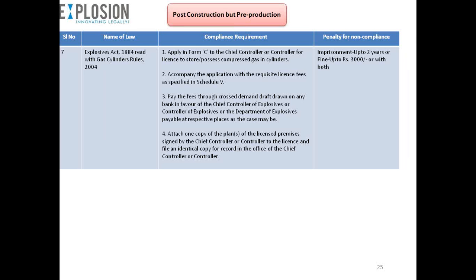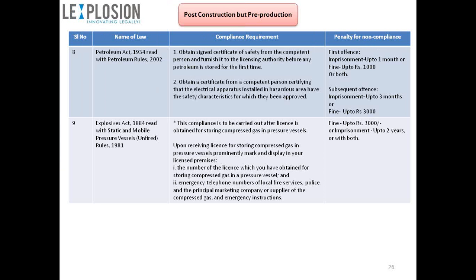A certain perimeter around these containers is called the hazardous area and is certified as a hazardous area under the Act. So we need to ensure that all the electrical apparatus that is kept along with this storage equipment has the safety characteristics, and has also been approved.